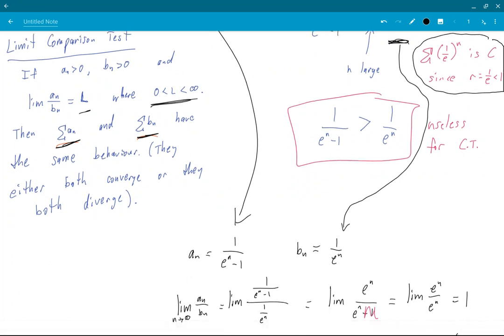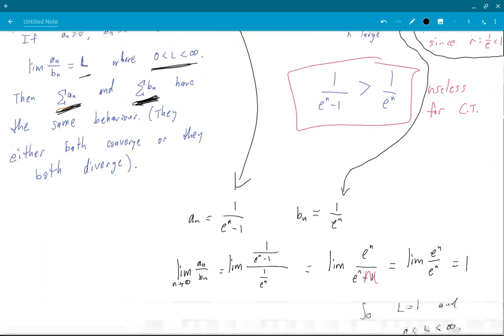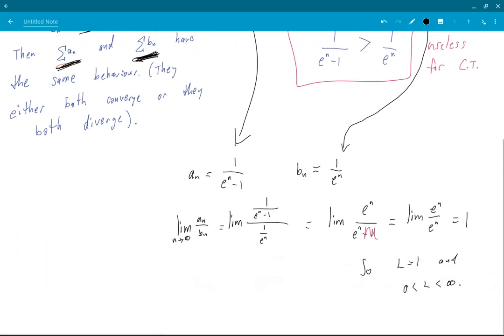It's geometric, convergent geometric. And I know that summation an and summation bn have the same behavior. So put that together and you conclude that summation an must be convergent as well.